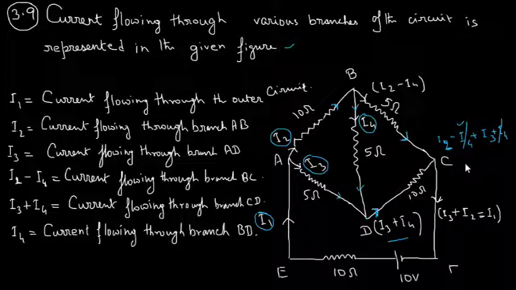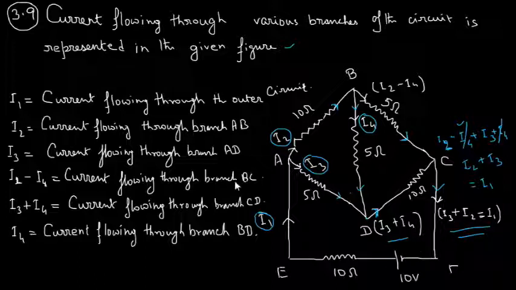So here the total current is I2 plus I3, which moves in this way. So I2 plus I3 is equal to I1, which is given here, which again flows to the battery. So this is the description.